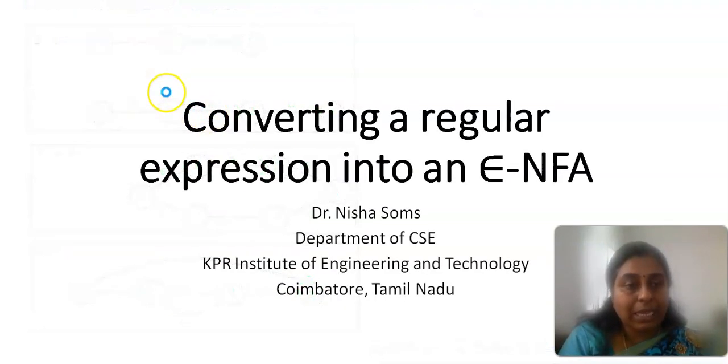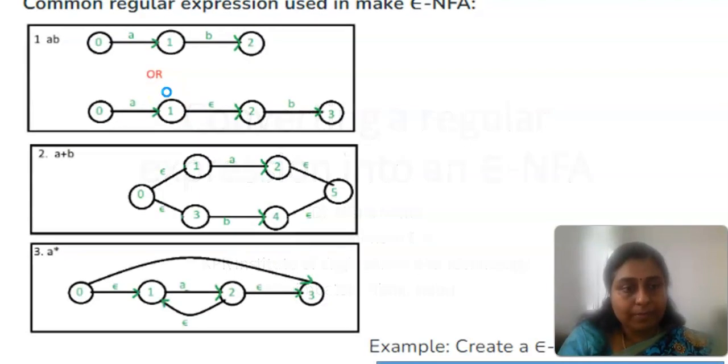So these three are the common regular expressions for which we can learn how epsilon NFA can be built. And from here, we will be using them to apply and develop epsilon NFAs for any new regular expressions. So let us see examples.